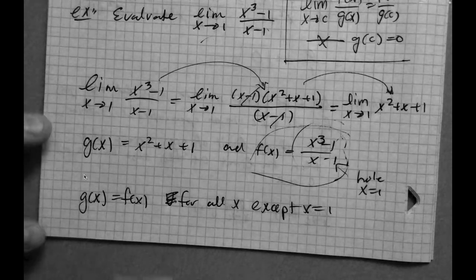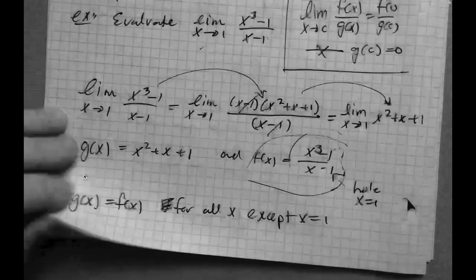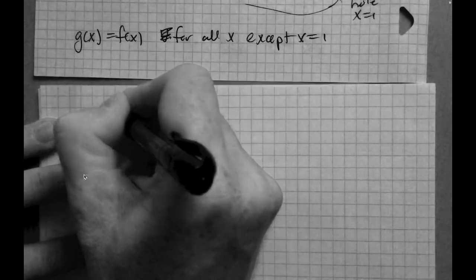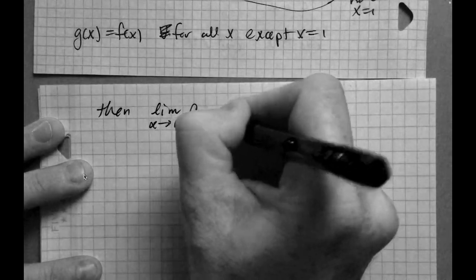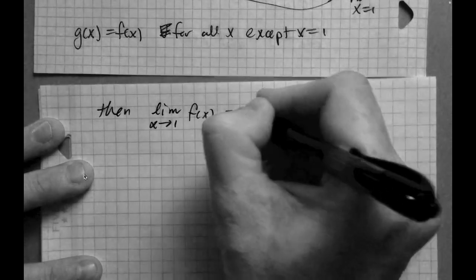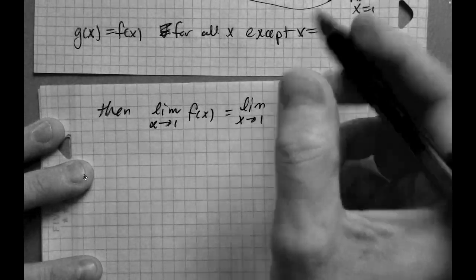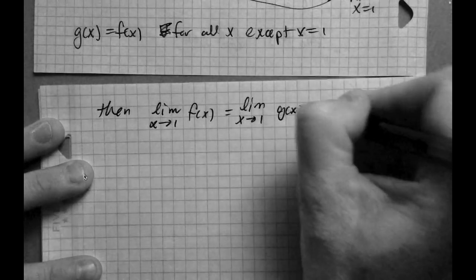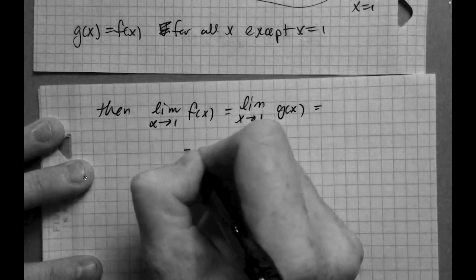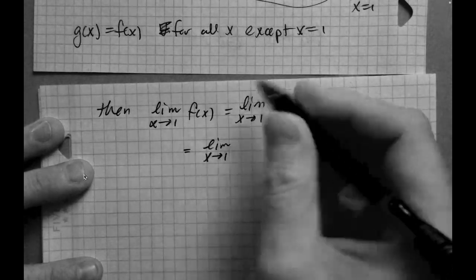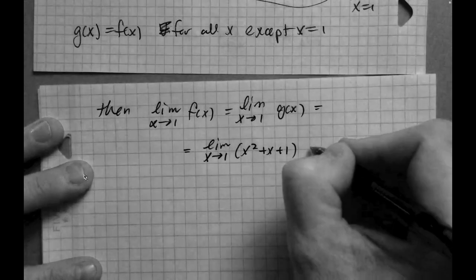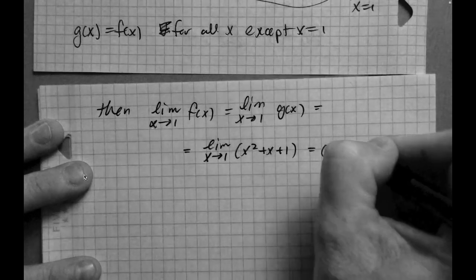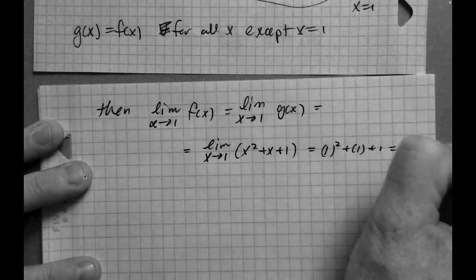Right, and so that being the case, what we can say is the limit as x approaches 1 of f of x is equal to the limit as x approaches 1 of g of x, which obviously is what we just calculated, which is equal to the limit as x approaches 1 of x squared plus x plus 1, which is just a polynomial, right? So you could say 1 squared plus 1 plus 1, so that's 3.